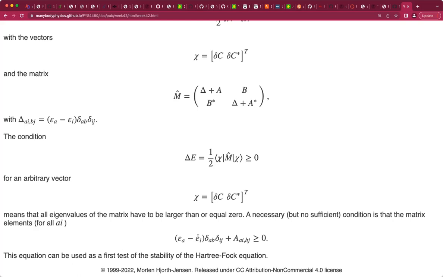And then this quantity here can be close to 0. So Hartree-Fock works well when you have a large gap between states below the Fermi level and above the Fermi level. So that means it works best when you have a typical closed shell system.